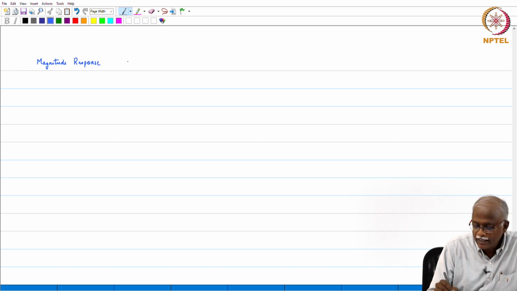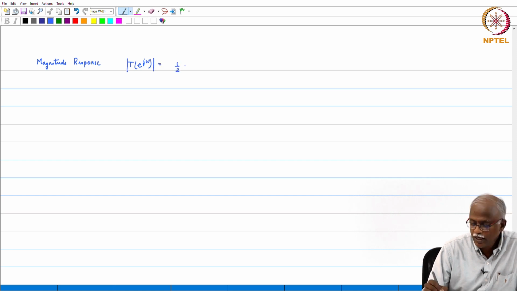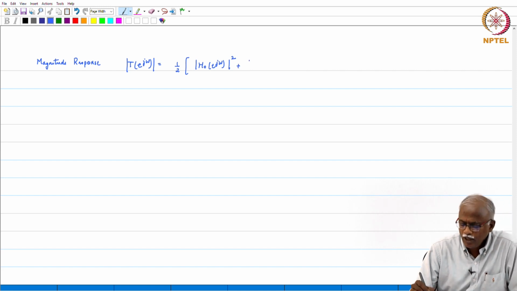So the magnitude response we can write down as the magnitude of T e to the j omega equals 1/2 of the magnitude of H0 e to the j omega squared plus the magnitude of H1 e to the j omega squared.